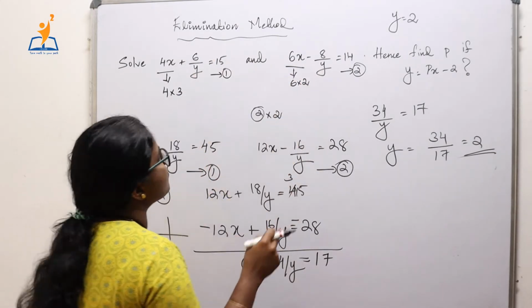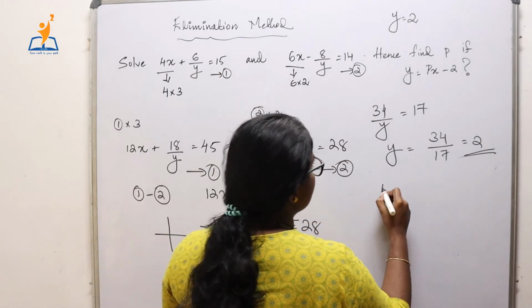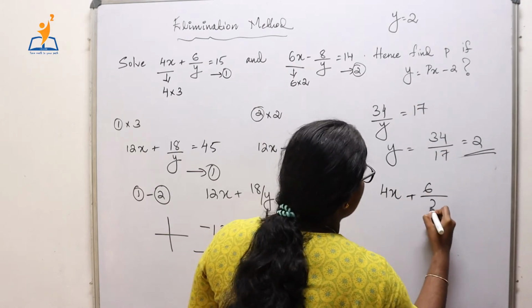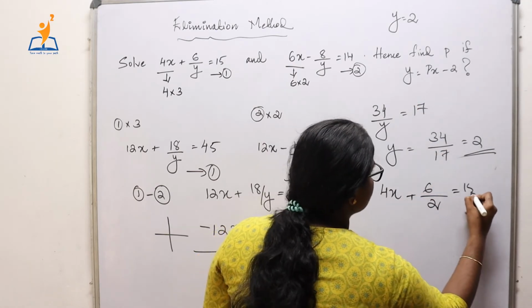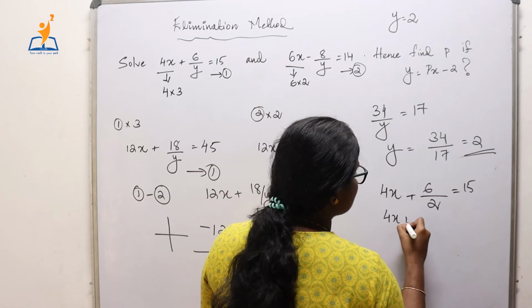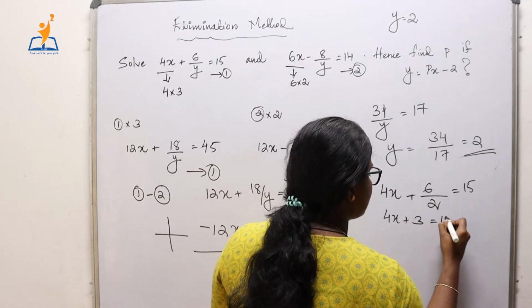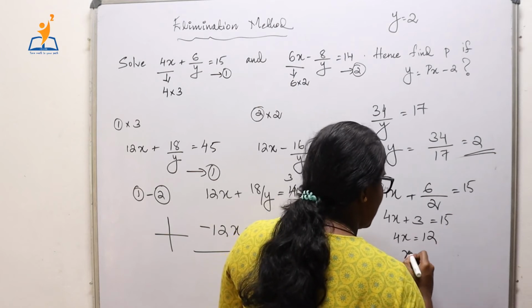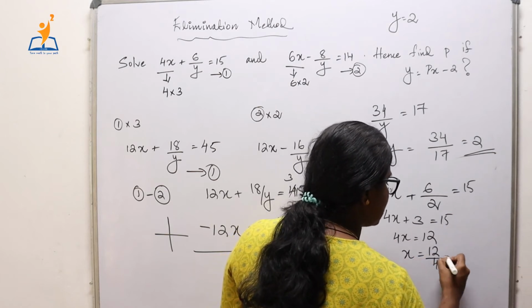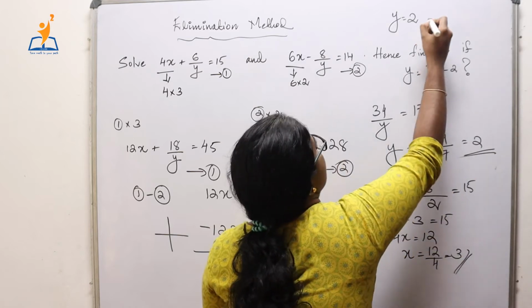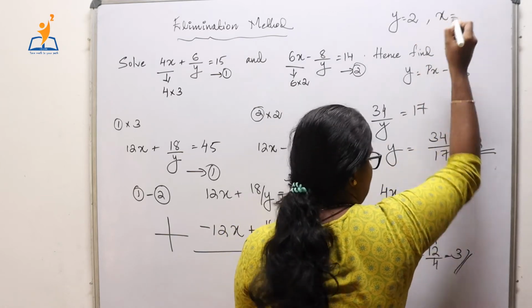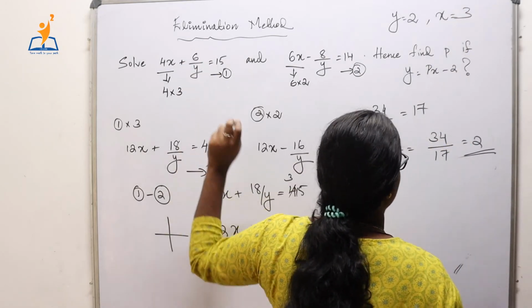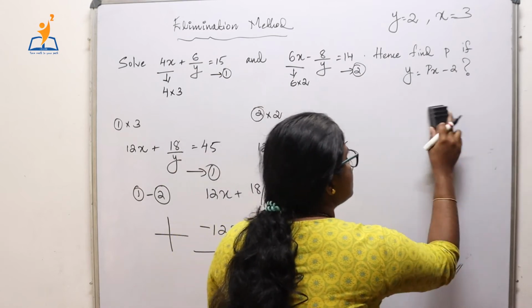Let's substitute the value of y in this equation: 4x plus 6y, that is 6 into 2, equals 15. That is 4x plus 12 equals 15. That is 4x is equal to 15 minus 12, that is 3, and x is equal to 3 by 4. So we got y is equal to 2 and x is equal to 3. This is the solution for this particular pair of linear equations in two variables.